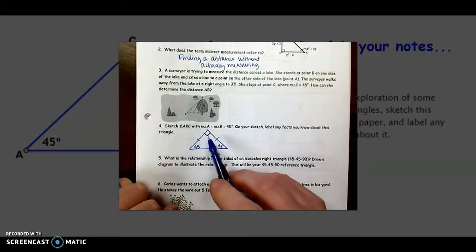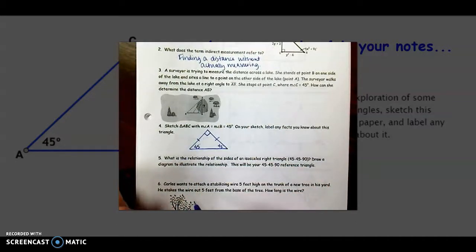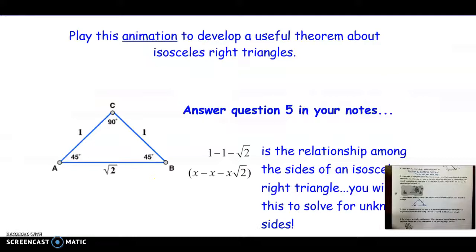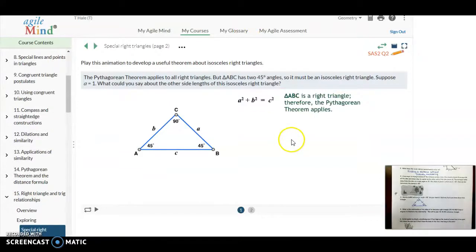We also know, since it's a right triangle, we could apply the Pythagorean Theorem to this triangle. This leg squared plus this leg squared is equal to this hypotenuse squared. And so we're going to look at what special relationship exists in this isosceles right triangle. So let's look at this second animation to help us see that.